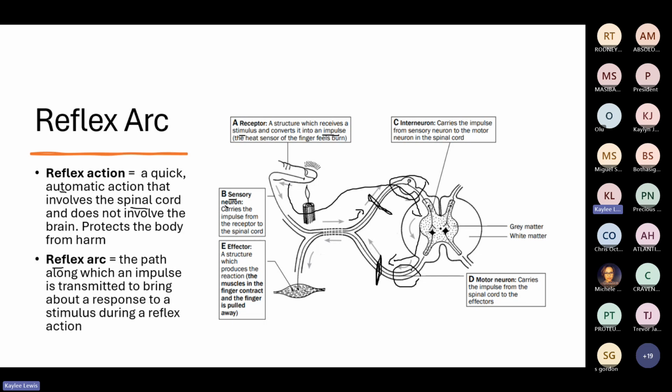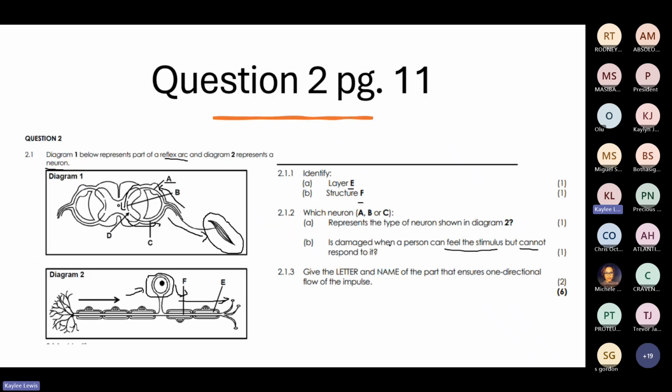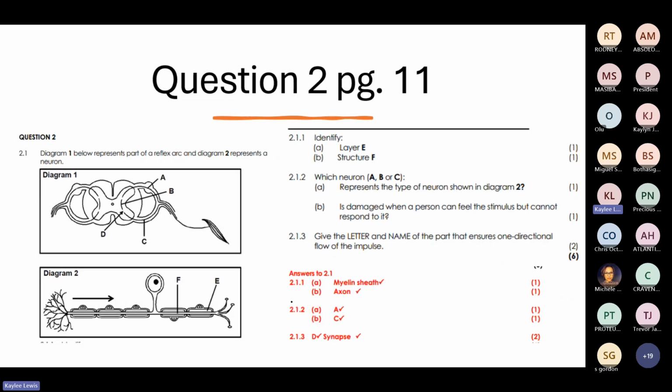But the question was it can't respond, so it cannot move the finger. That would mean your motor neuron is damaged. So the answer is C. Just going to pull your answers up so you can see as well.